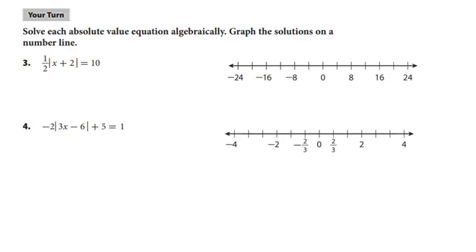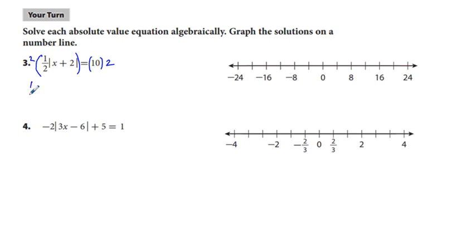Now, your turn. I invite the viewer to go ahead and work out number 3. Then, after having paused the video, just play ahead and see if you got it right. Okay, we have 1/2 the absolute value of quantity x plus 2 equals 10. So we can get rid of this 1/2 by multiplying by 2, and we would do similarly on the right side of the equation.